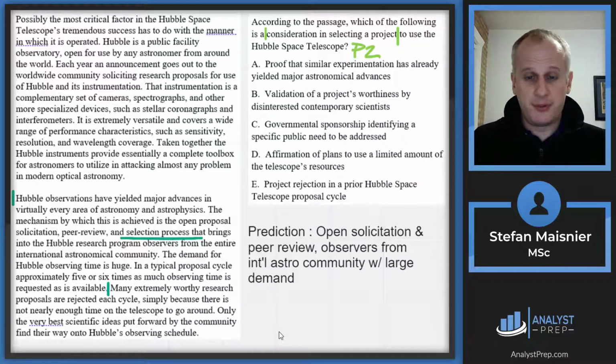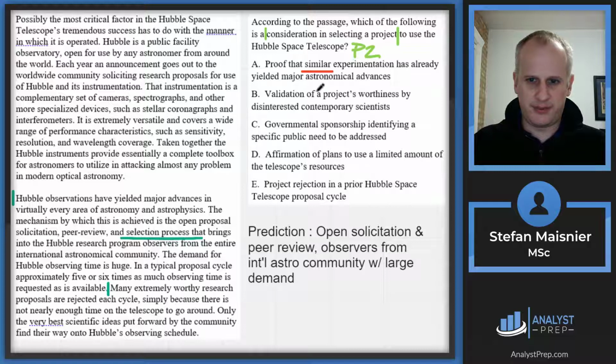So now we've got to go through these answer choices, looking for reasons to eliminate or to say that an answer choice matches. So, looking at choice A first, proof that similar experimentation has already yielded major astronomical advances. Well, we're not comparing similar experimentation.